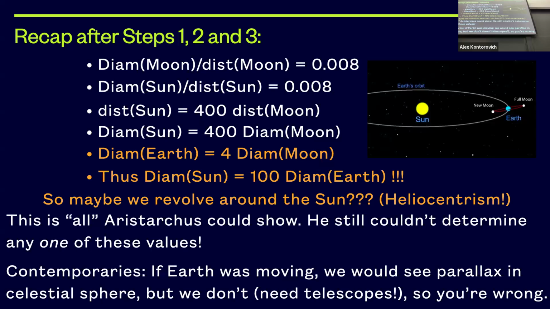Can you explain how you would see parallax in the sky? Yeah, it's just that the stars are astronomically far away, way more than the planets, the moon, the sun. Some stars are closer than others.